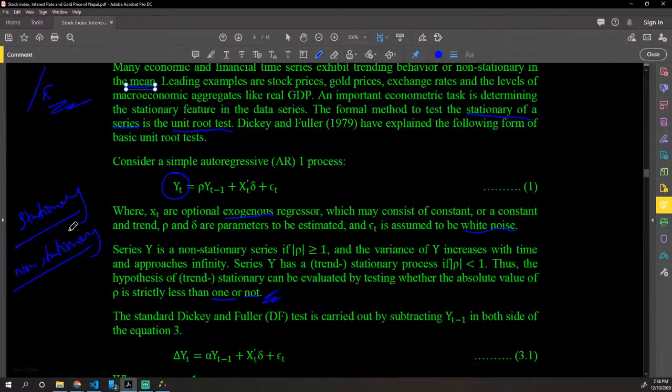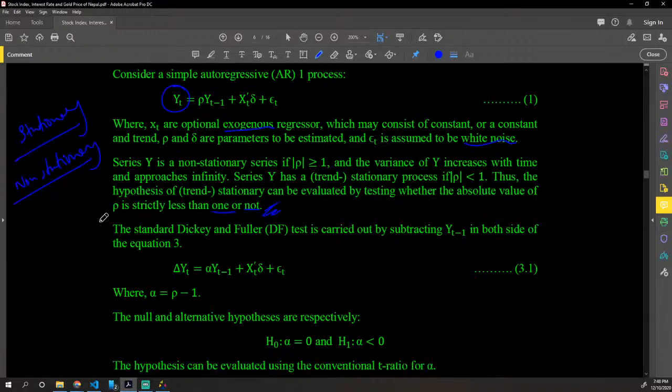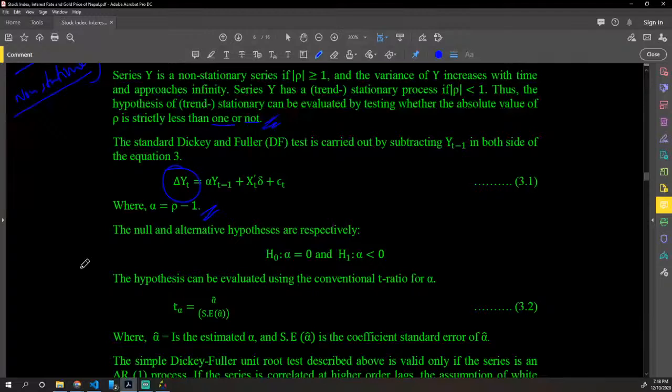Non-stationary. So the standard Dickey and Fuller test is carried out by subtracting yt minus 1 from both sides of equation 3. Okay, from both sides. So that means we get a delta, right? That's the change, where alpha is basically rho minus 1. So rho could be less or greater than 1, right?